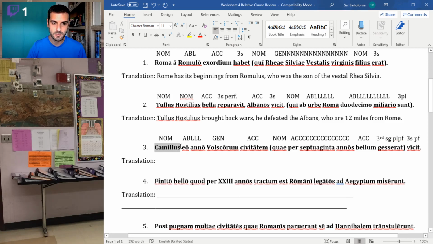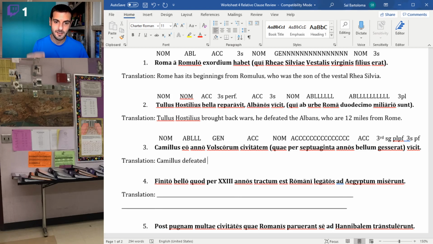So Camillus, my subject, then we need our verb, which is all the way down here at vicit. Camillus defeated the civitatem Volscorum, the community of the Volsci, the city of the Volsci, the citizenry of the Volsci, all of that is just kind of just saying he defeated the Volsci, the tribe.